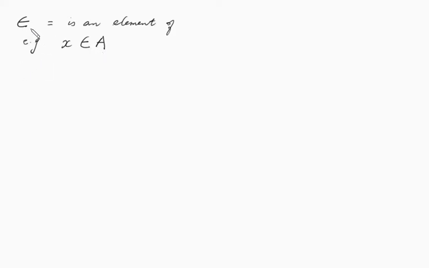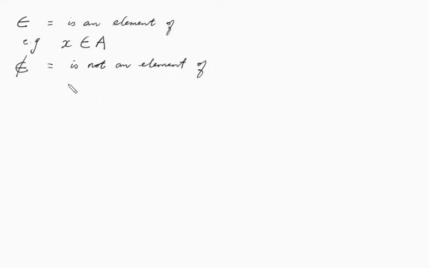So if you see this under this topic, you know it means it's an element of. X is an element of A, right? So sometimes we will find this. So this is basically is not an element of.